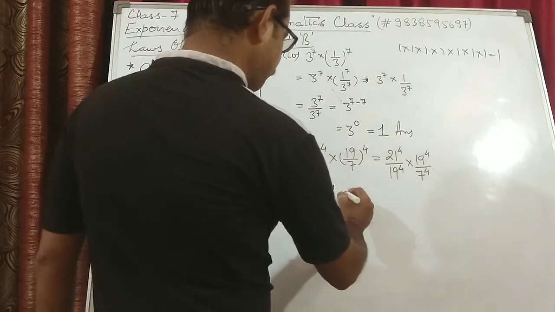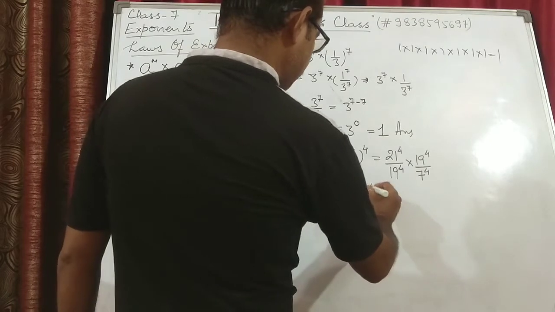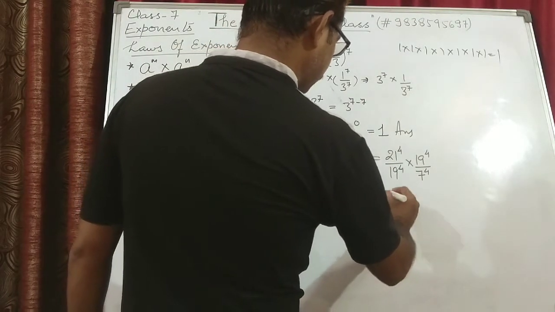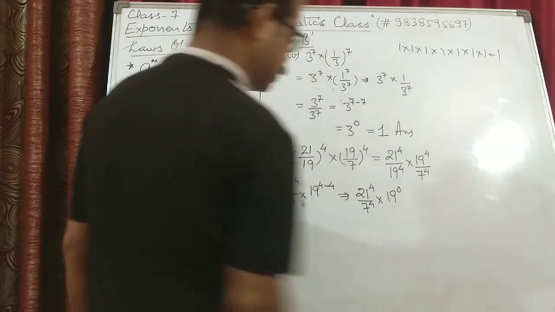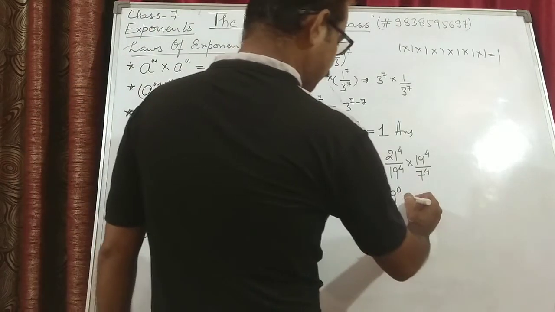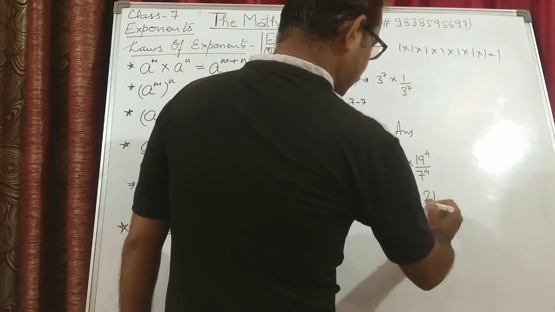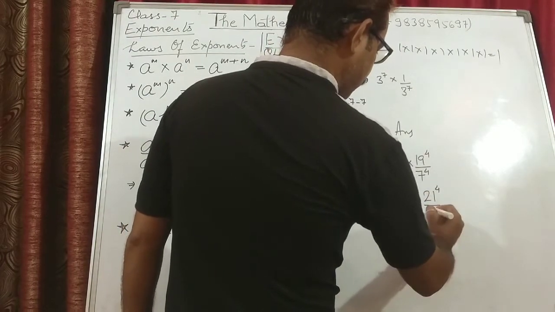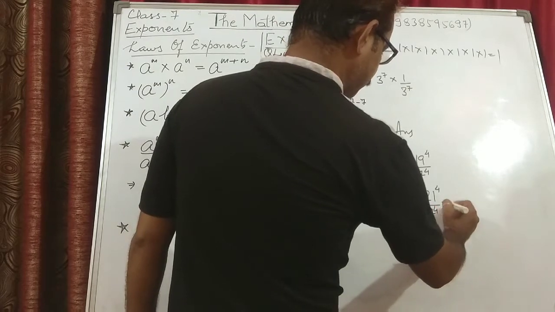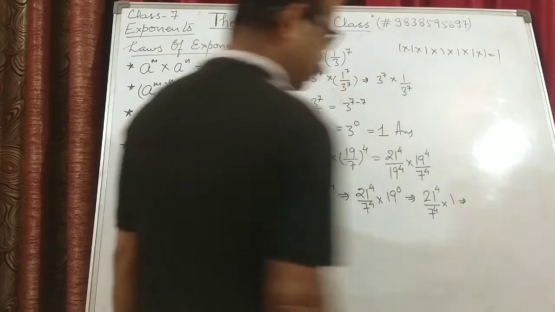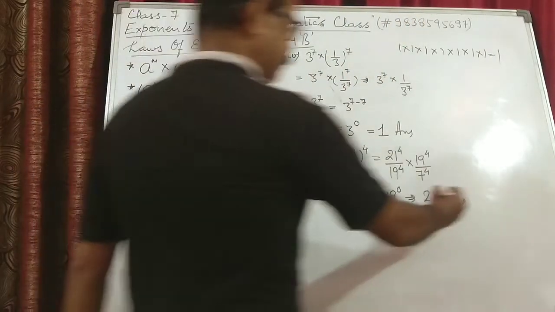So it will become 21 to the power 4 upon 7 to the power 4 into 19 to the power 0. Something to the power 0 is 1. It means this will be 21 to the power 4 upon 7 to the power 4 into 1. Now 21 can be written as, we know 21 is 7 into 3.